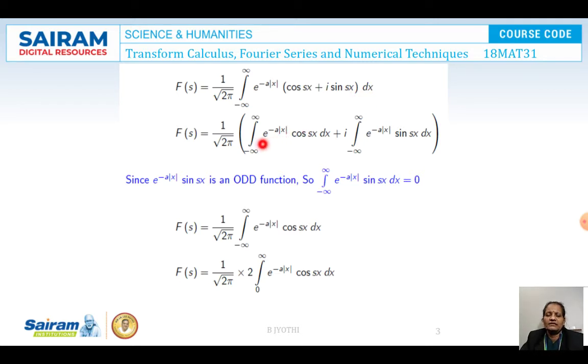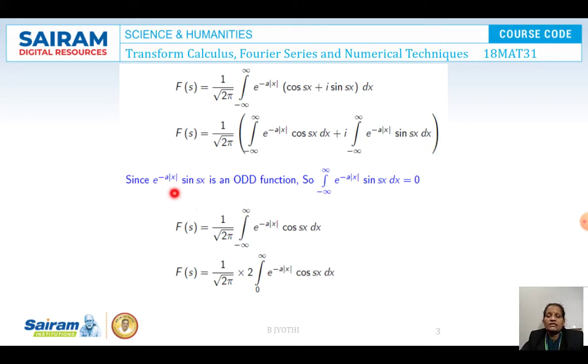Now multiply this and separate the real and imaginary parts. That is, integral minus infinity to plus infinity e power minus a mod x into cos sx dx plus i into integral minus infinity to plus infinity e power minus a mod x into sin sx dx.